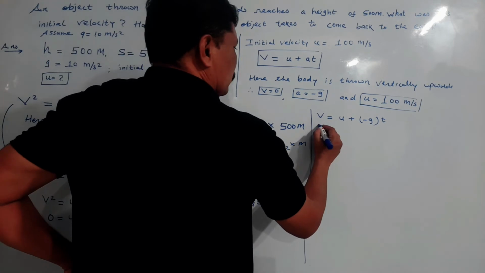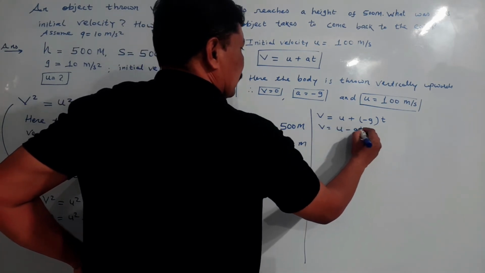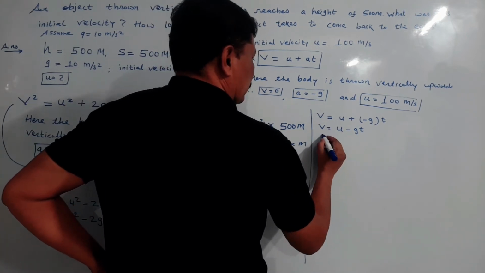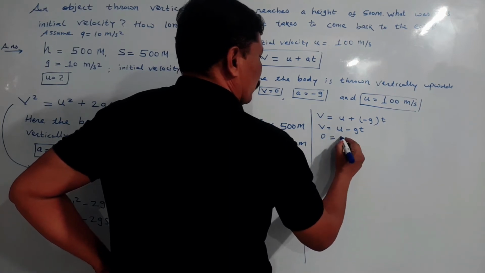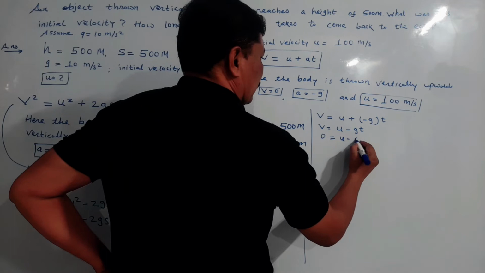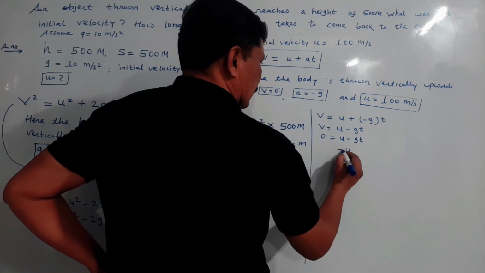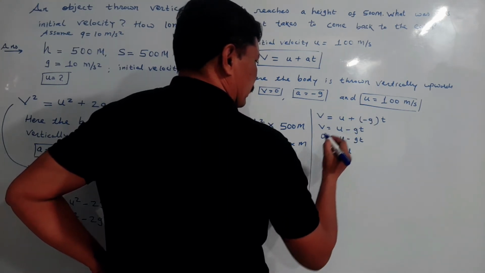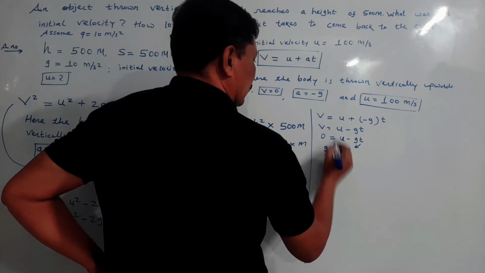So now my dear student, we can write v is equal to u minus gt. Now here we know that v is 0, and 0 is equal to u minus gt. We will keep u as it is and put gt on the other side of the equation, and this minus gt will become plus gt.